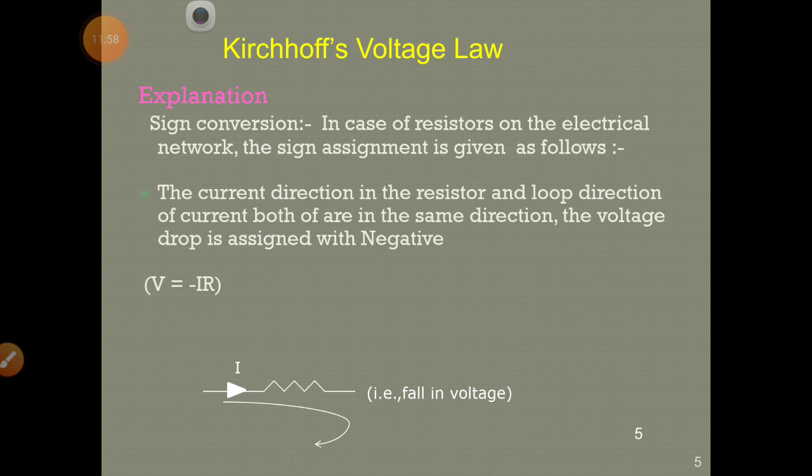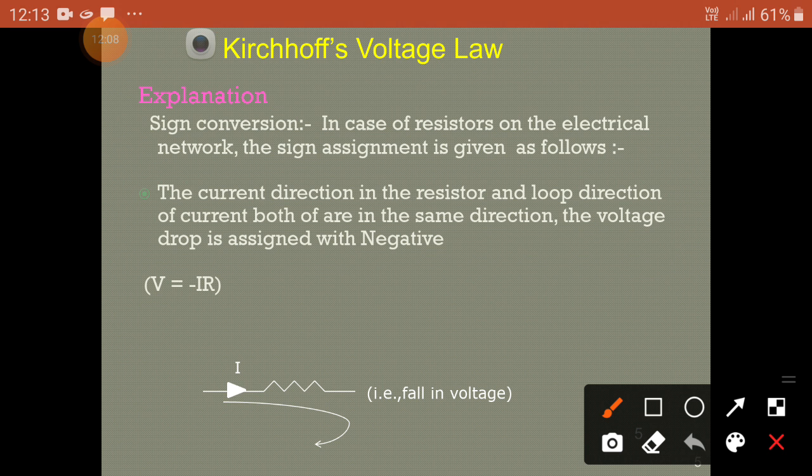That means, for example, take one example here. Suppose this is a closed loop. This is one source, for example. Now here resistance is connected, and here another resistance is connected, and here plus minus. Now I am considering the closed loop.